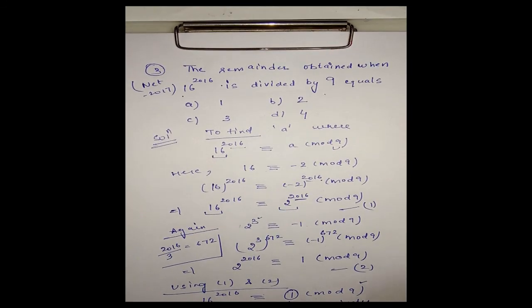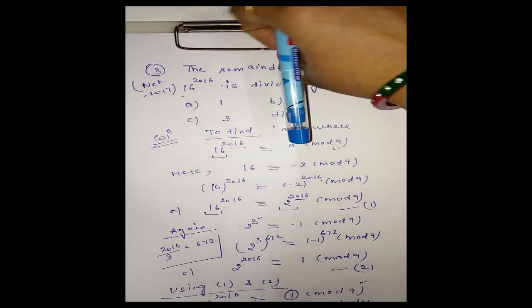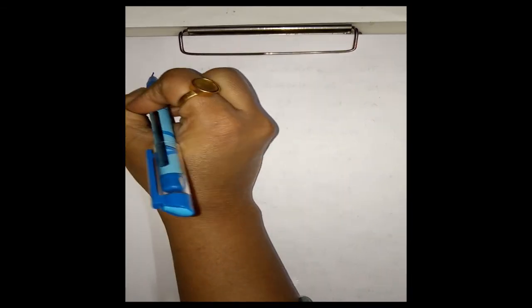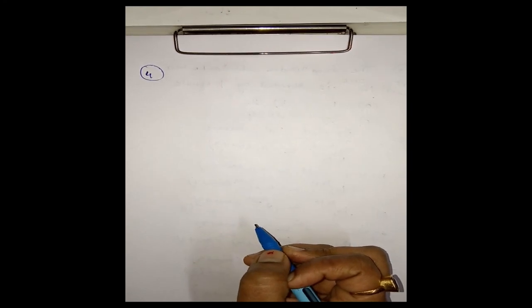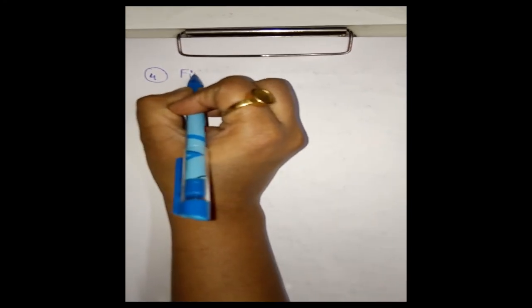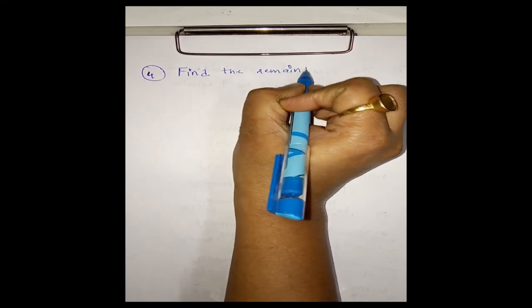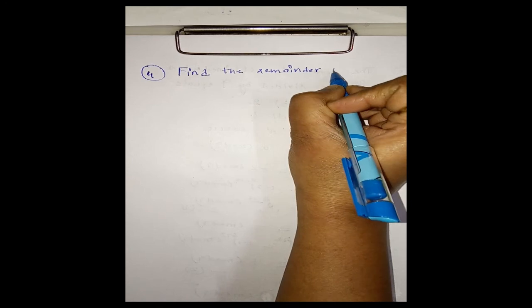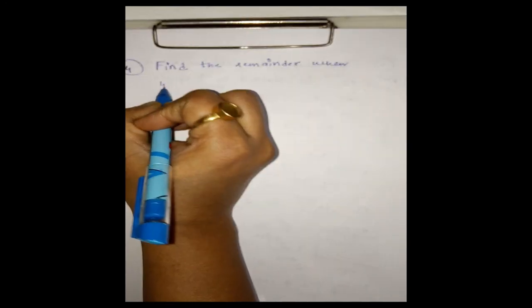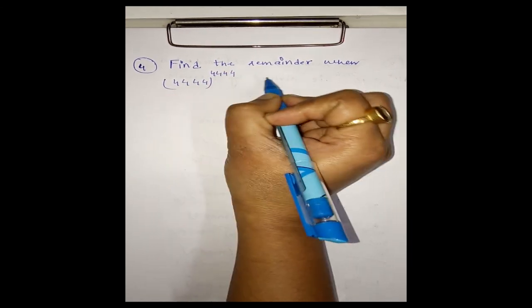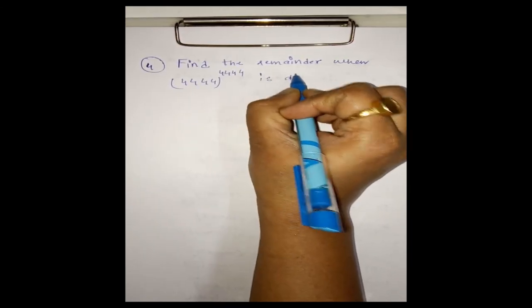Now we come to the next problem. Fourth, find the remainder when 4 times 4 power 4 times 4 is divided by 9.